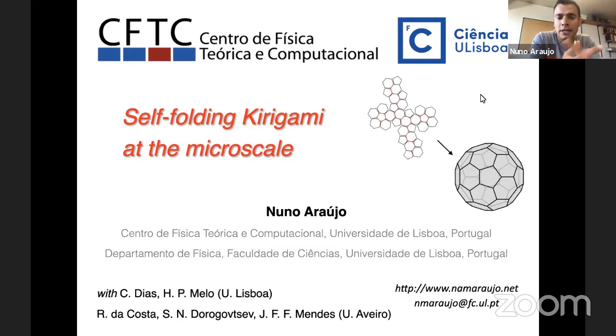In the first part, I will discuss how to optimize the folding in a way that we minimize the number of misfoldings. And in the second part, I will be talking about what sets the time scale for the complete folding of the structure, how we can minimize the folding time, and how it depends on the geometrical properties of the net that we are looking at.